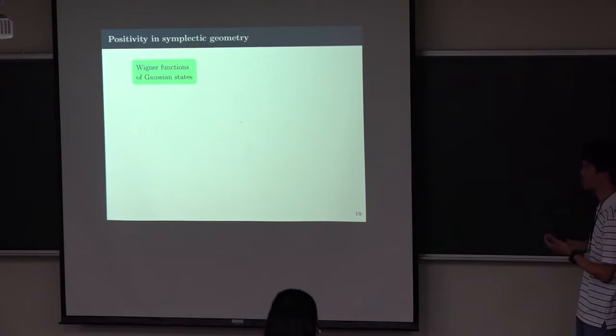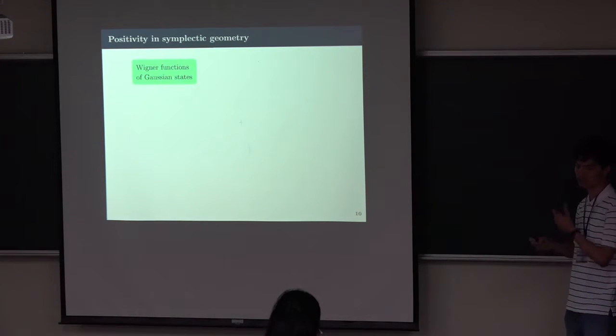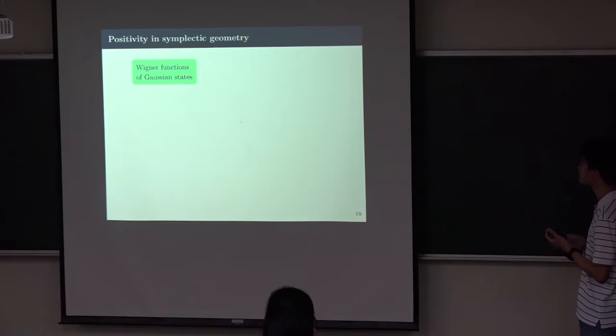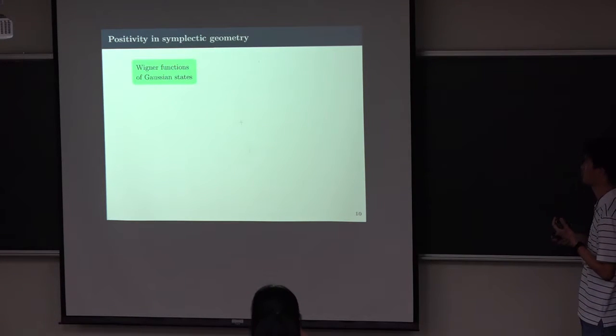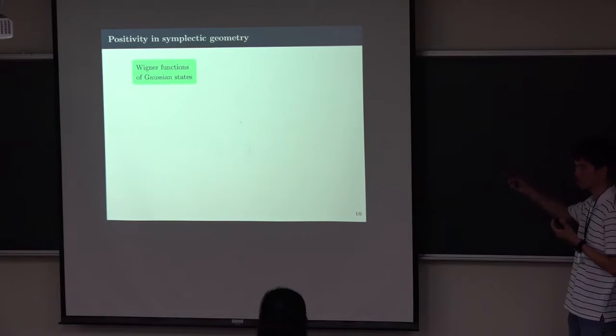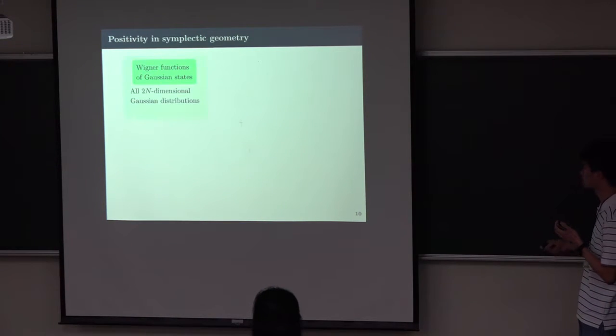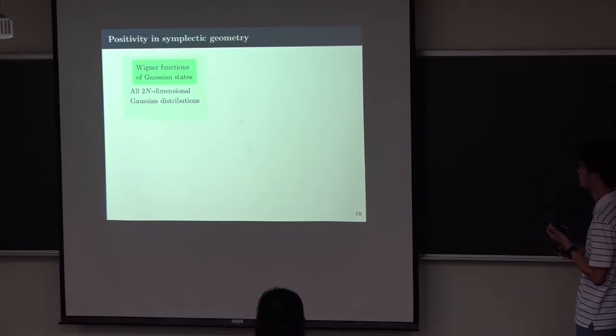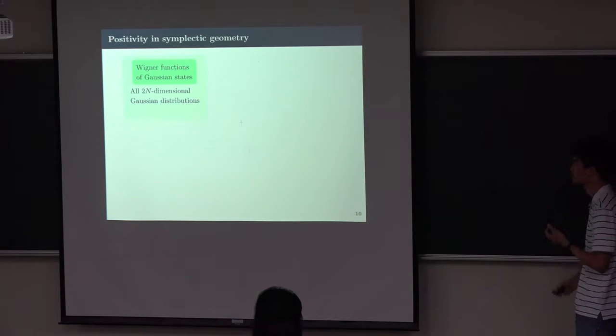So these are Gaussian functions on phase space, but not all the Gaussian functions. For example, if we take the partial transpose of a function here, it may go outside the set. But if we consider the larger set of all 2n-dimensional Gaussian distributions, then the partial transpose of a function here is still in this set.